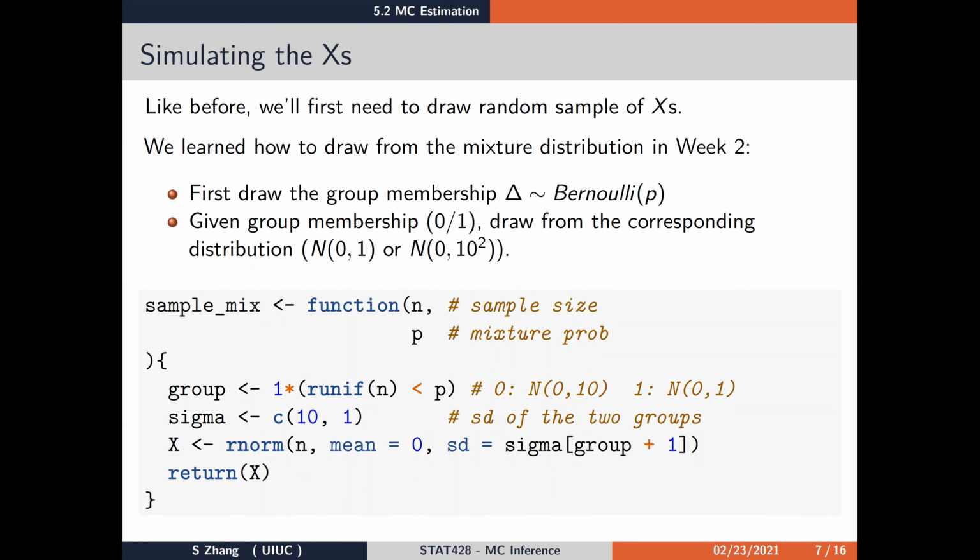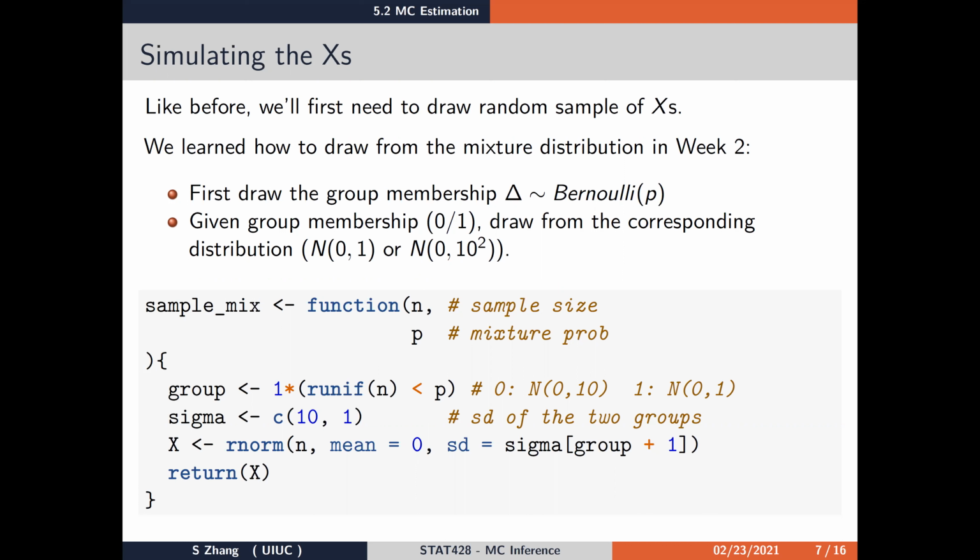Like before, we will first need to draw random samples of x's. So what are our x's? Our x's come from that mixture distribution, and we're playing with the possible p-value. We learned how to draw from the mixture distribution in week 2. We first need to draw the group membership for each individual.